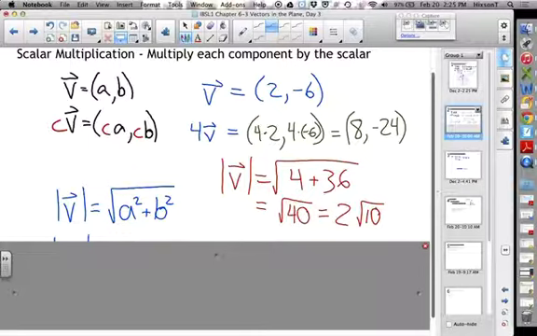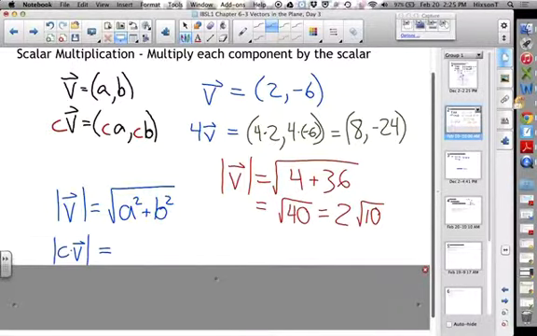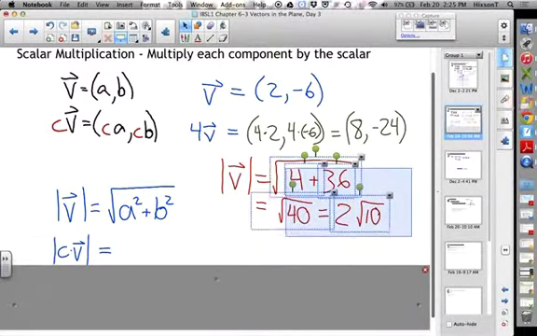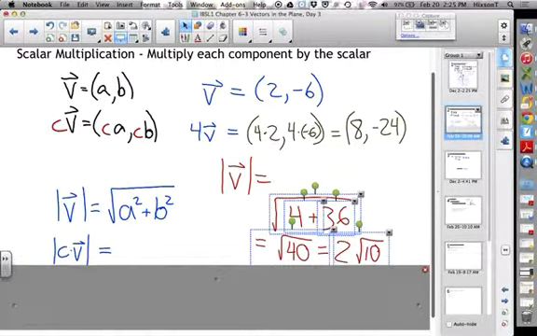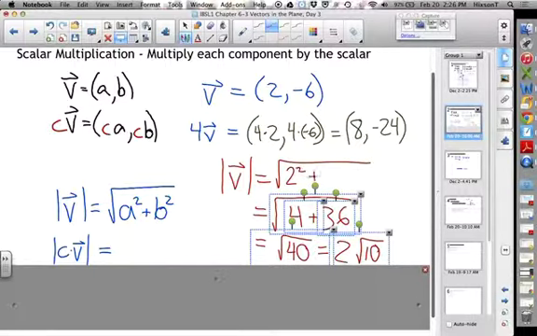We got the square root of 2 squared plus the negative 6 squared. Notice the negative will cancel out to be a positive.